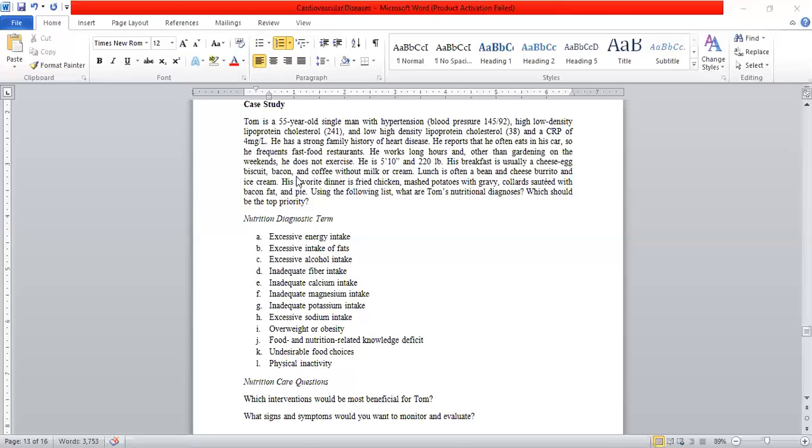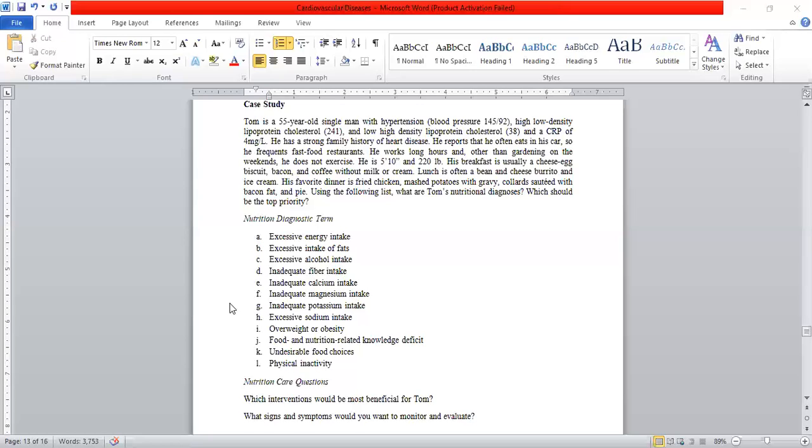So in this case, you can tell that Tom is having excessive sodium intake, and sodium is supposed to be reduced in a person who is suffering from any cardiovascular disease, or a person who is at risk of suffering any cardiovascular disease, because it worsens the conditions. It increases the pressure. It even makes a person start having edema, especially on the lower limbs, that is the legs.